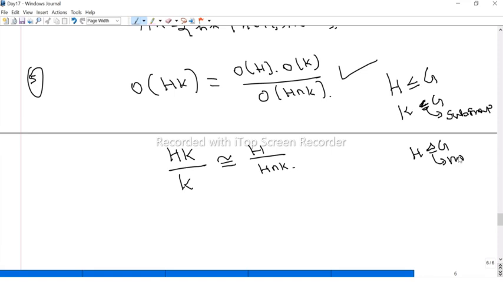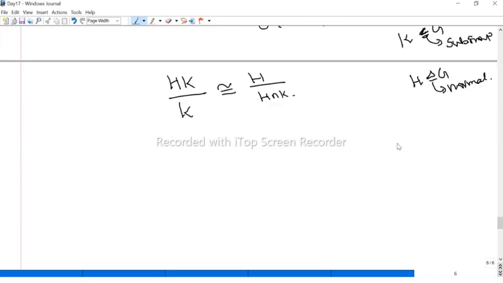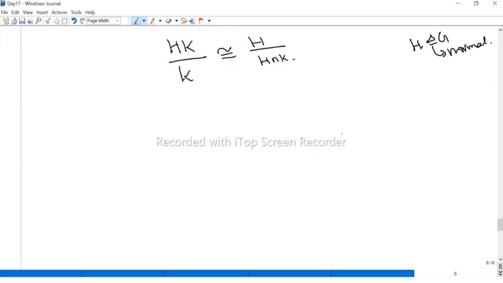So this means H is a normal subgroup of G. Don't confuse the notation. Sometimes they just write H less than or equal to G, that means H is a subgroup of G. If H triangle G, it means H is a normal subgroup of G. Now this formula is very important. This is the second fundamental theorem of group homomorphism.